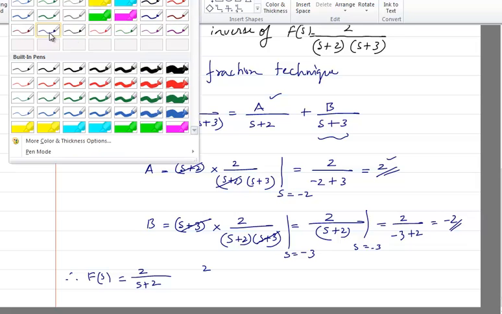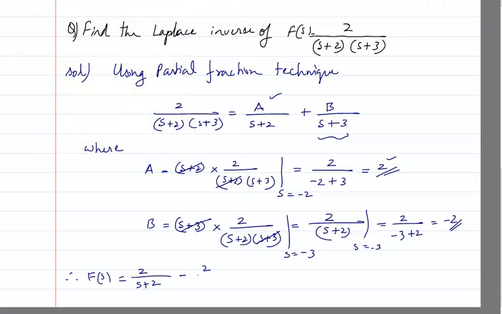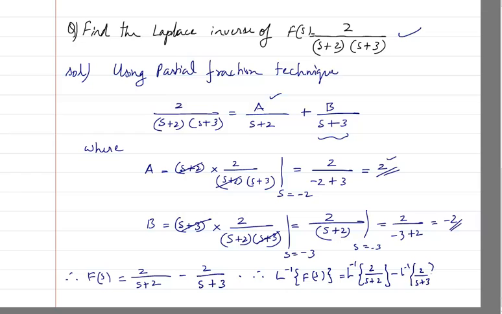So it is going to be minus 2 divided by s plus 3, and therefore Laplace inverse of F of s is equal to the Laplace inverse of 2 divided by s plus 2 minus Laplace inverse of 2 divided by s plus 3.